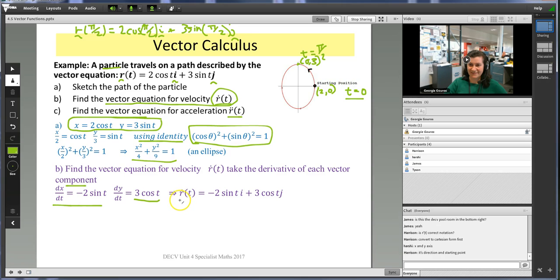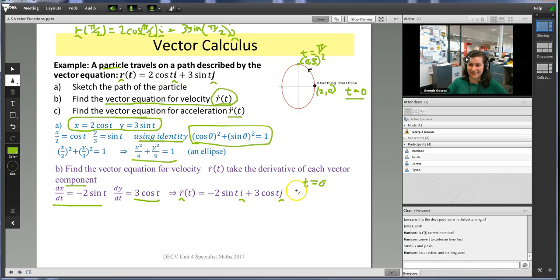Putting that all together, we're going to get a vector representing the velocity of this object now moving around on that path. So we've got the path and we've also got the velocity. So we can work out things about the velocity now too. If we're asked questions about what is the velocity at t equals 0, we just substitute it into this equation and we can work out the velocity at t equals 0.